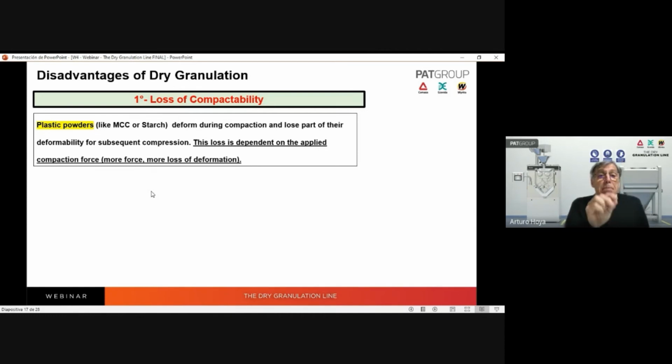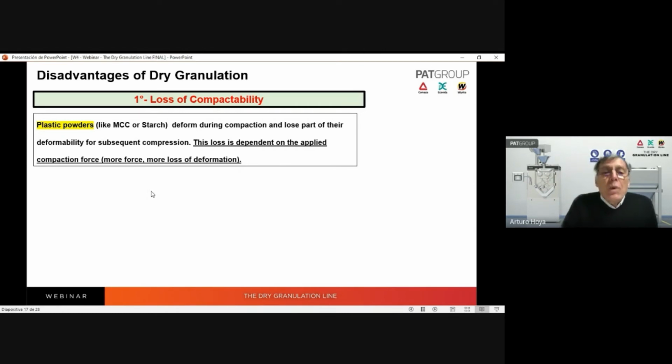Because plastic powder like microcrystalline cellulose or starch or some kind of sugars deform during compaction and lose part of the deformability for subsequent compression, the second compression. So this loss is dependent on the applied compression force. So if you apply more force, more loss of deformation.